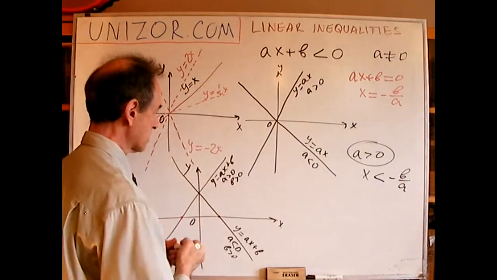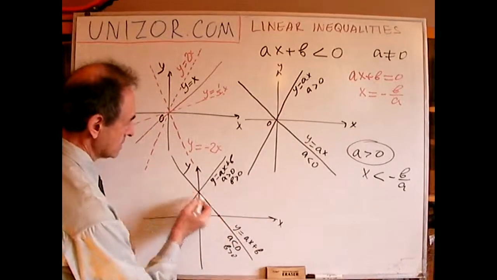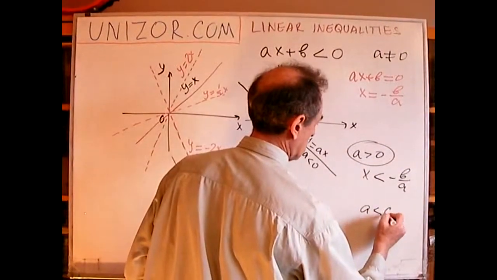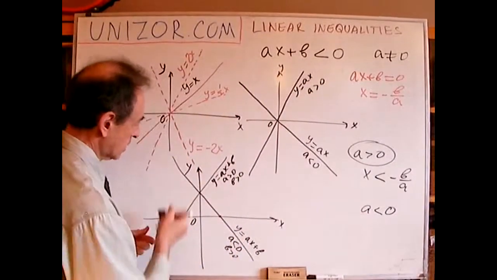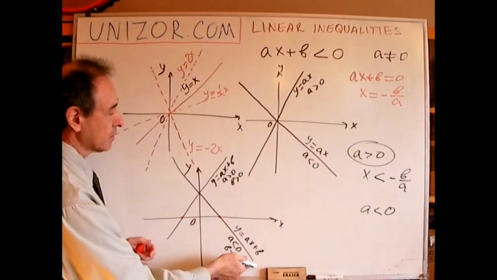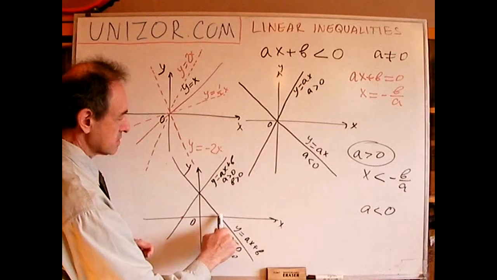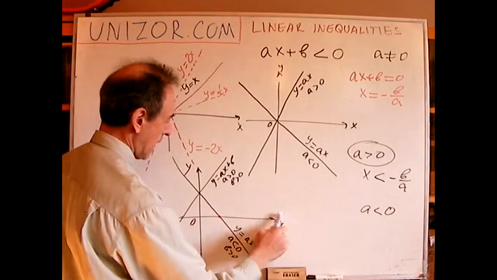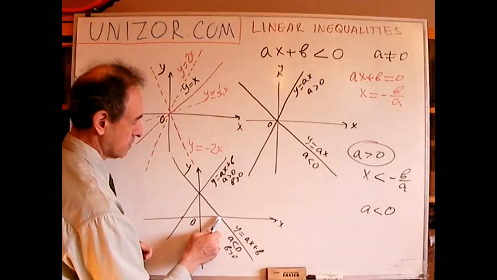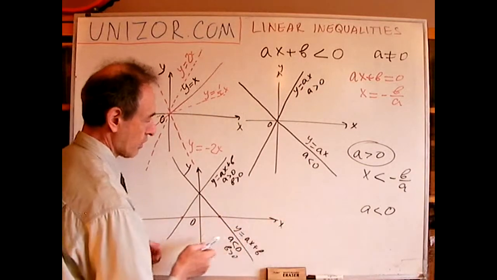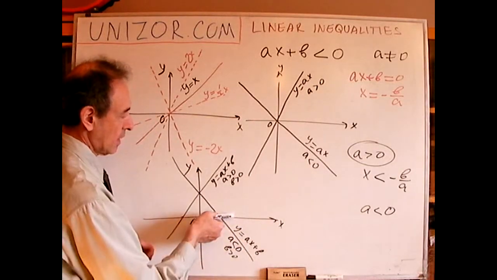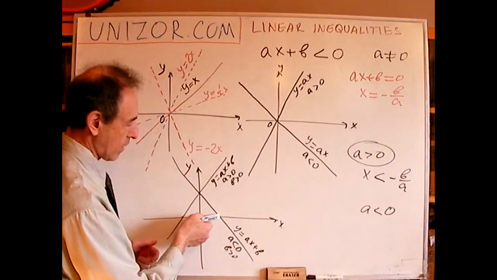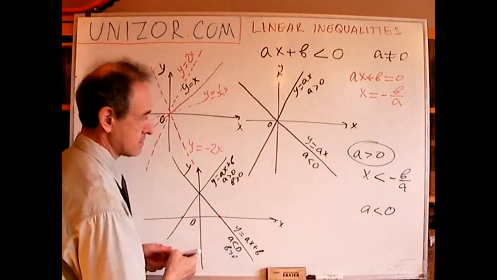And in case a is negative, the graph is monotonically decreasing, which means if I increase the x from this point towards plus infinity, the graph will decrease, and this is where it's equal to 0, which means it will be less than 0.